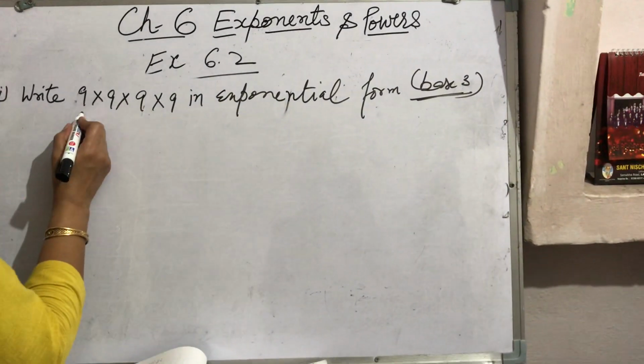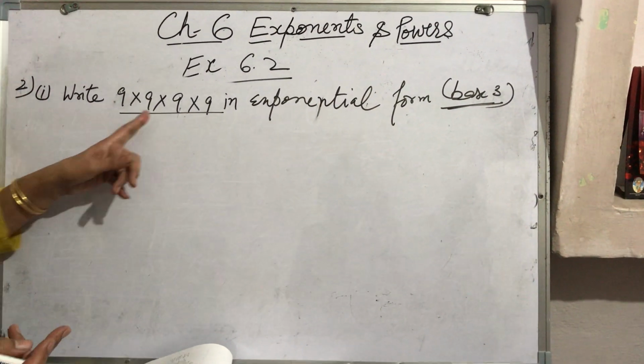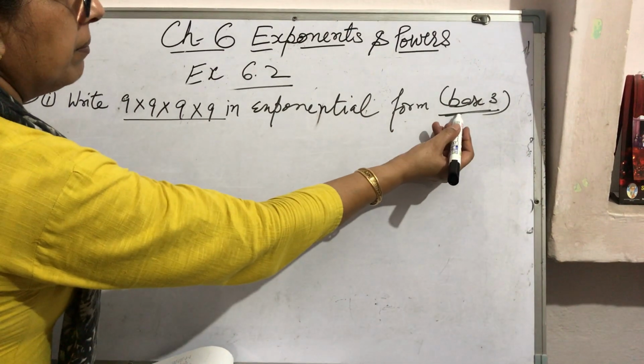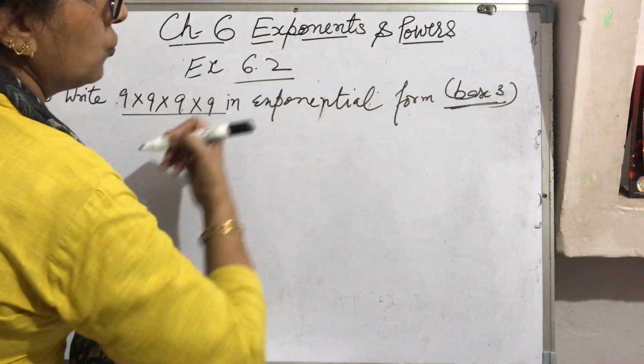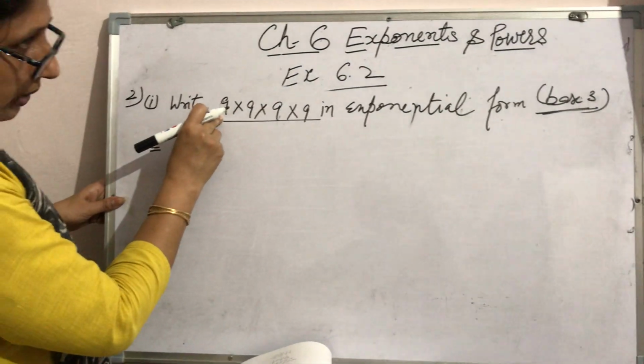We can write the exponential form directly: since there are four 9s, 9 raised to power 4. But we have been asked for base 3. So first of all we'll make base 3 of all the 9s.